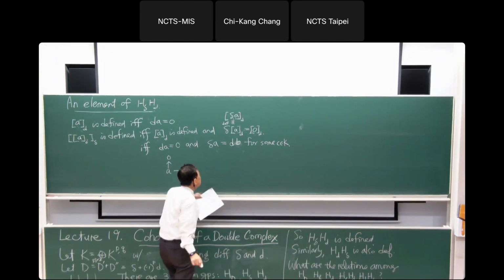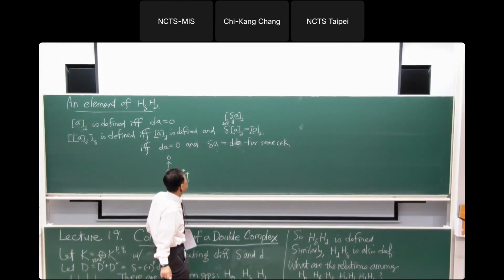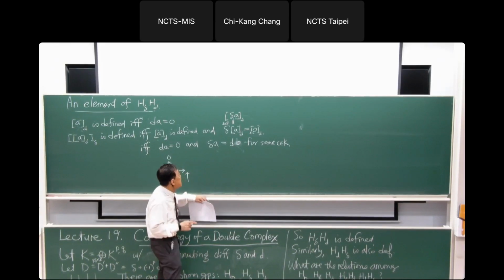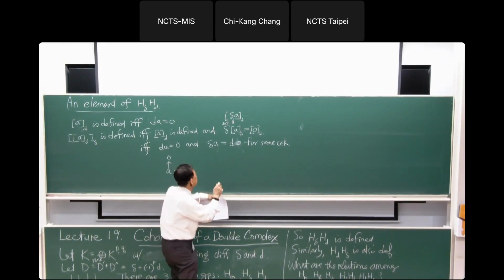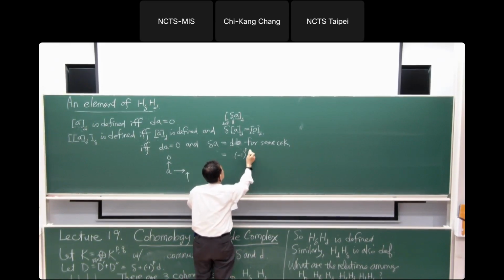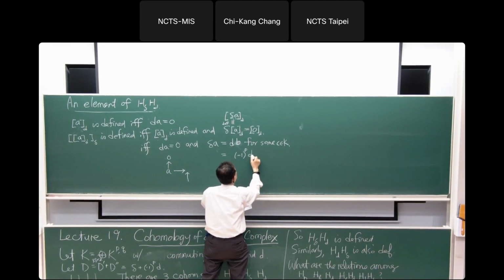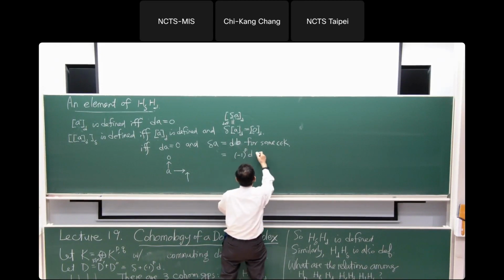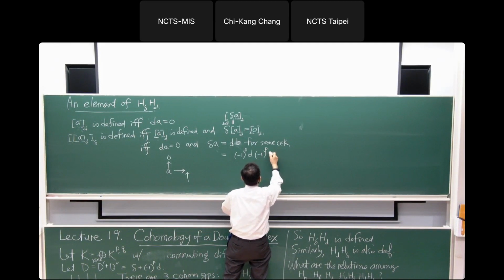So dB. But I like to use d double prime. So let me rewrite this as -1 to the p dB, put in a -1 to the p there. Okay, I haven't changed anything.